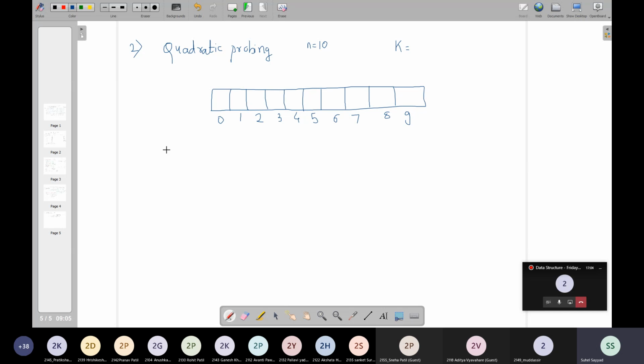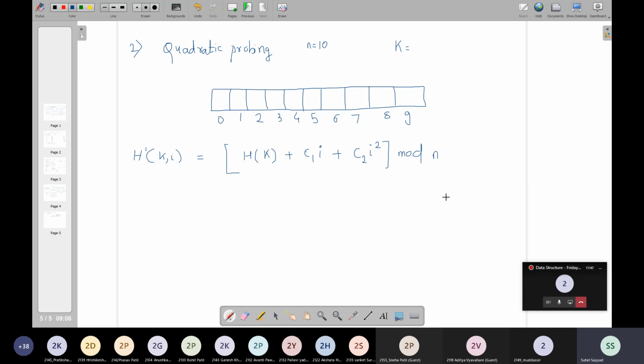Now in quadratic probing the equation is as follows. The quadratic probing hash function h dash of k comma I is given as h of k plus c1I plus c2I square mod n.